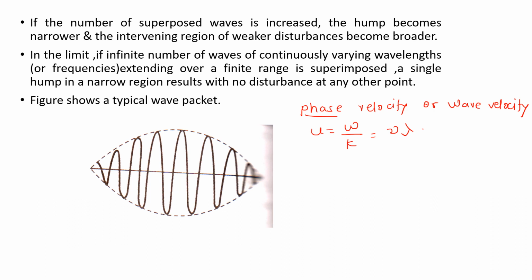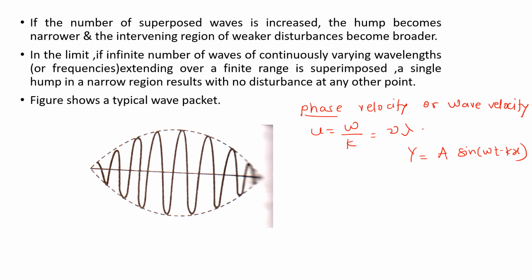The typical wave has an expression like this: sine of omega t minus kx. So the phase velocity of this wave, or wave velocity, is given by omega upon k, or mu into lambda. This is called the phase velocity.